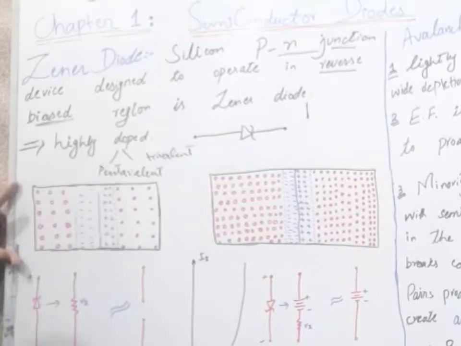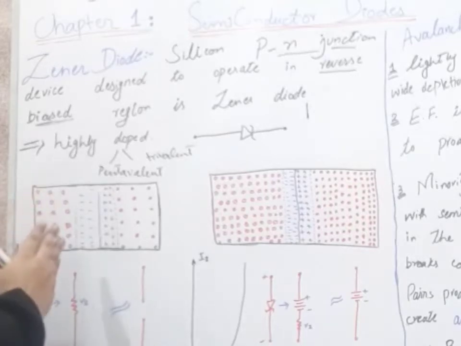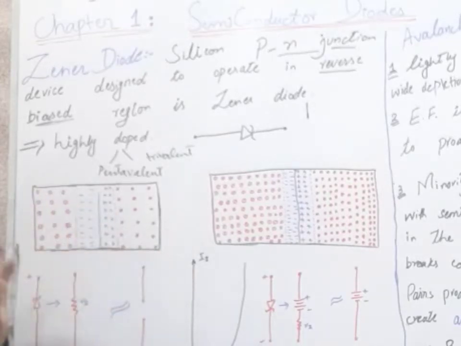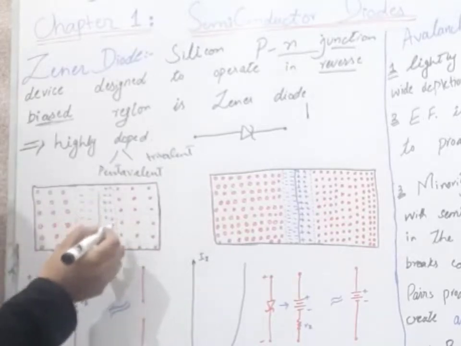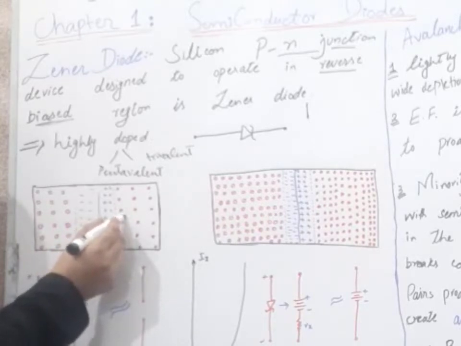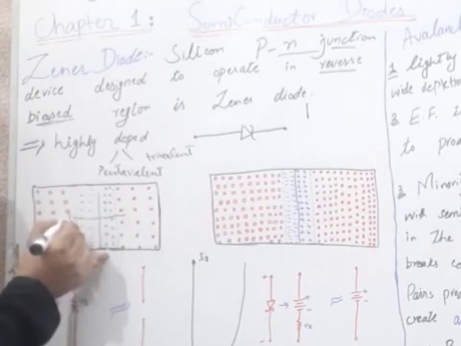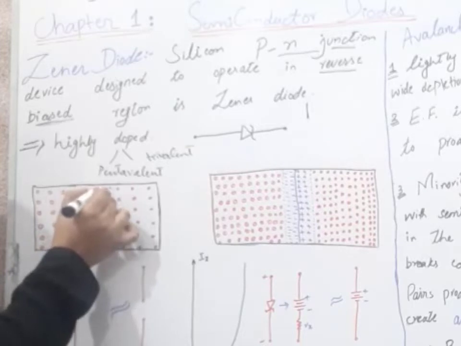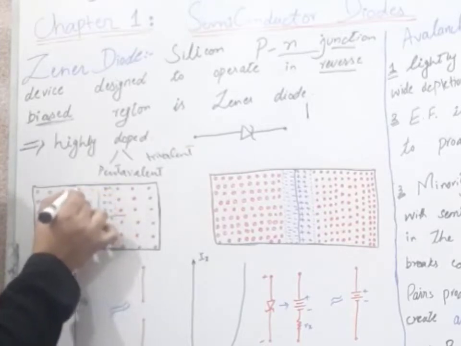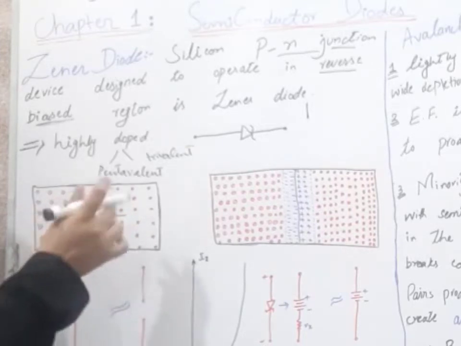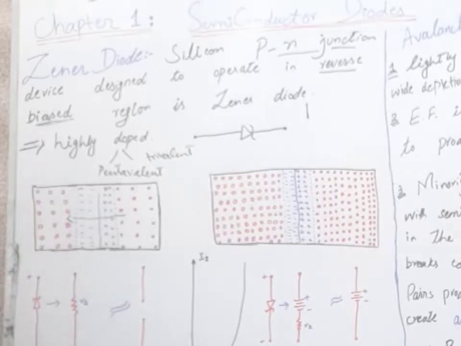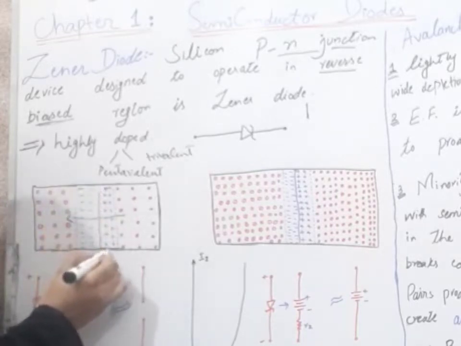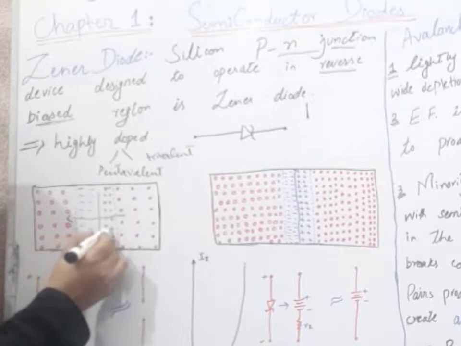So when we have n type and p type and we combine both, electrons will move from this region to this region, and we will have positive charges here and negative here, and an electric field will be set up. The electric field direction will be from positive to negative.